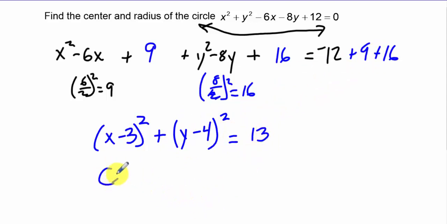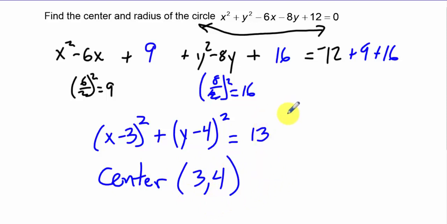So center is 3, 4. And the radius, remember this, is r squared equal to 13.